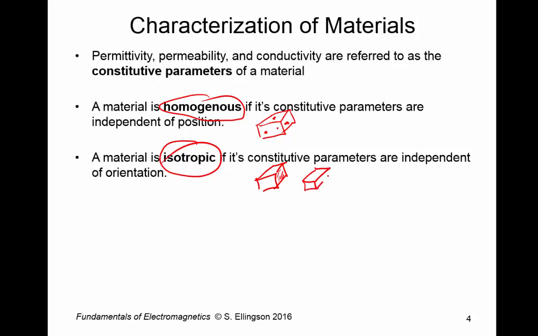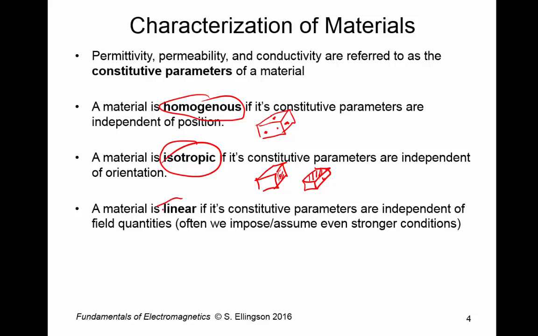So I could rotate the block so that that face is now up here and measure the same point in space, and I would find the same constitutive parameters. Most normal materials are isotropic. A famous example of a non-isotropic material would be something like quartz. In quartz, the constitutive parameters are very different as you rotate the material in space.